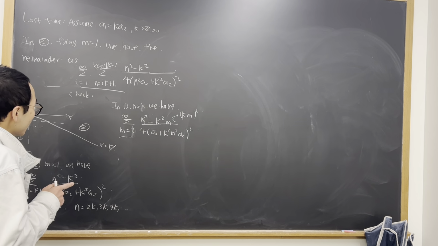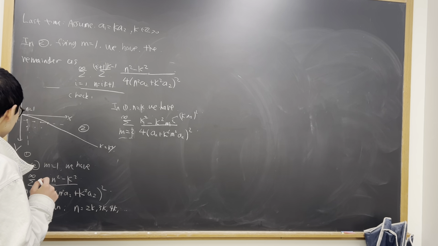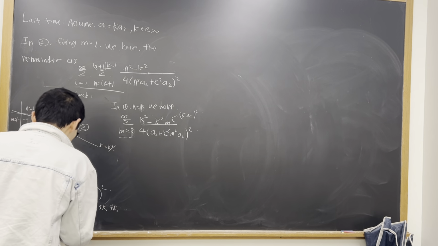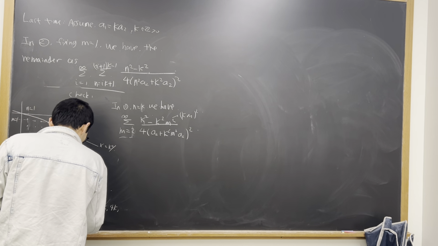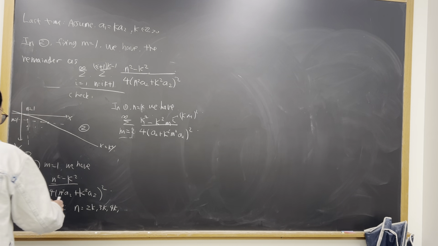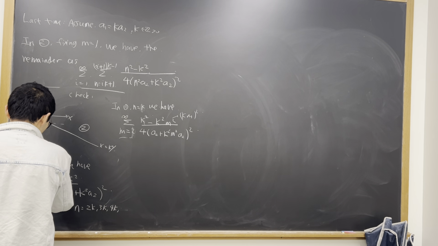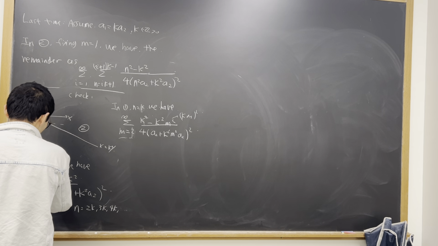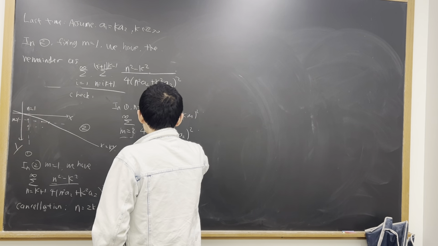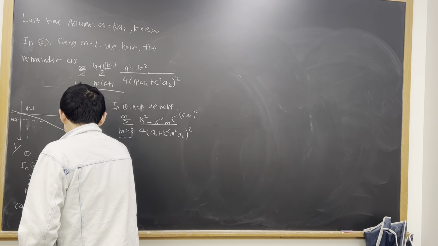So here, the cancellation happens exactly at n equal to multiples of k, right? And when n equals a multiple of k, this n squared becomes some constant times k squared, which corresponds to the same thing as this term, and also this term, and the same thing as here.